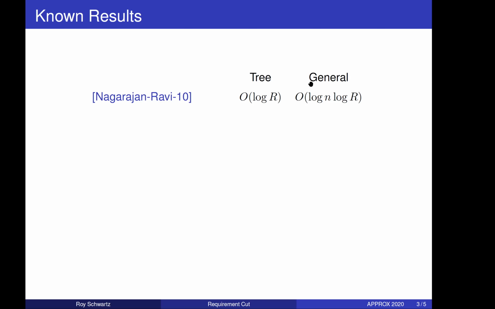And for general graphs, they gave an approximation of order log n log R, and that was improved by Gupta, Nagarajan, and Ravi, which improved the factor on trees to log g, which is the number of groups, if you remember. And for general graphs, they resulted in order log k log g approximation.